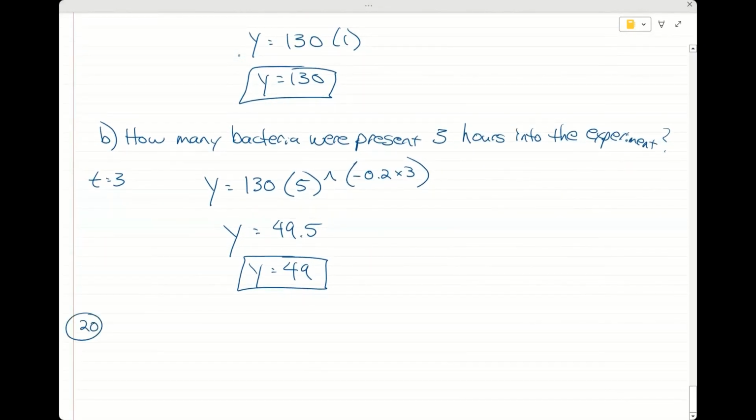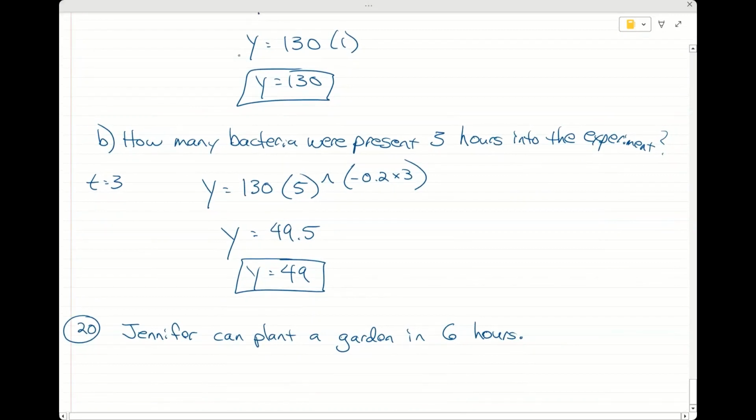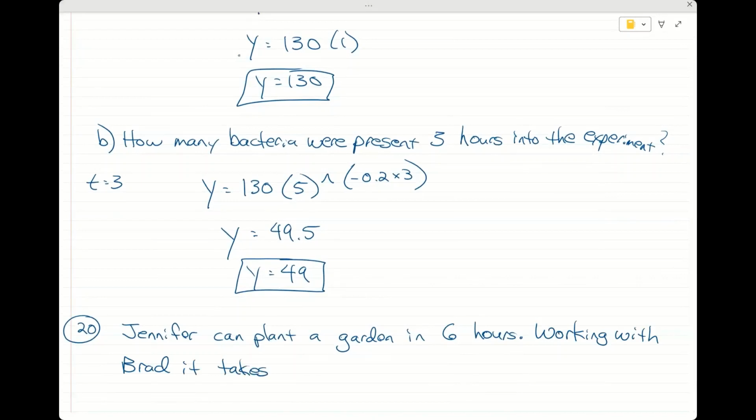So one says that Jennifer can plant a garden in 6 hours and working with Brad, it takes 4 hours.